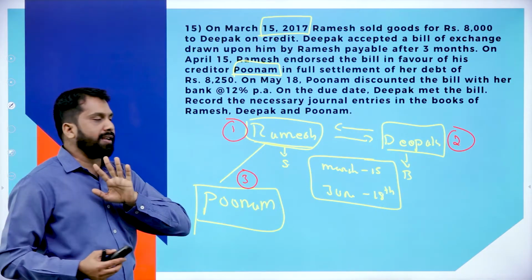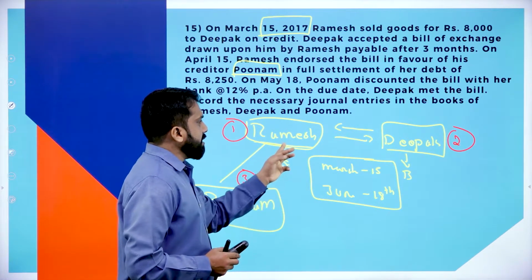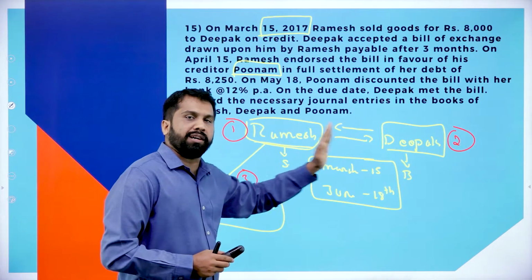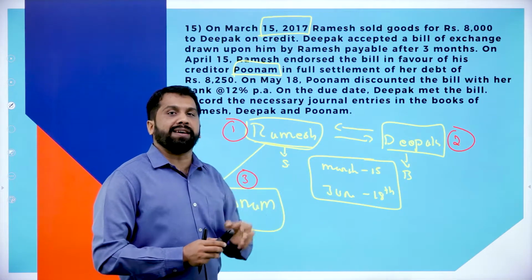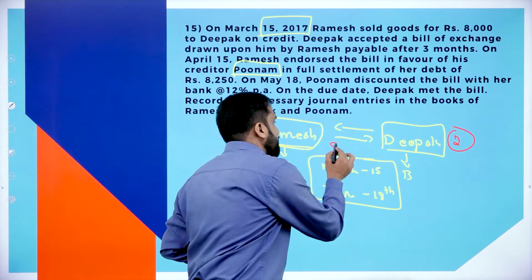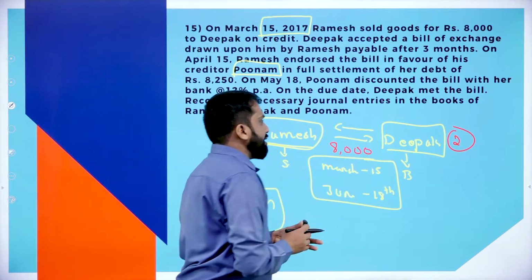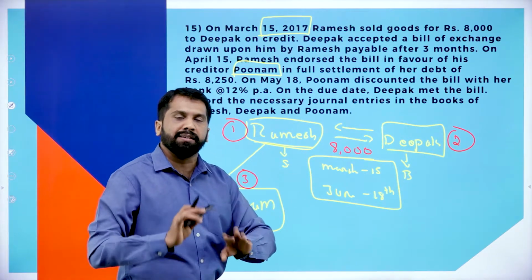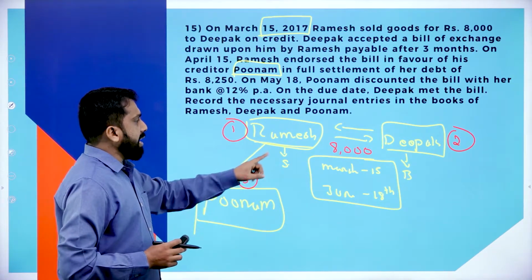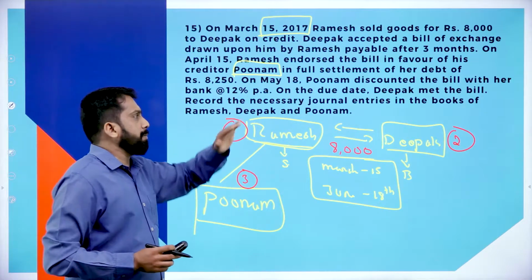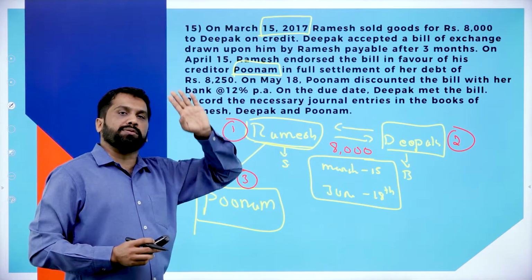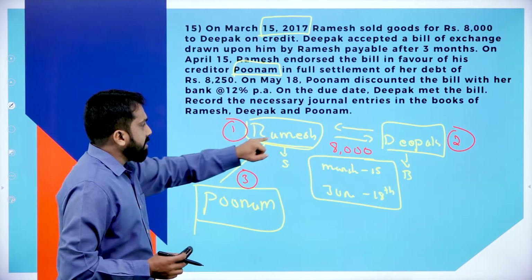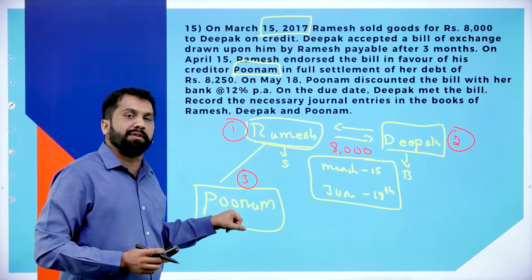You will understand. First, there is a transaction between Ramesh and Deepak. What is the value? The value is 8,000. They sold goods and Deepak has to pay 8,000. Clear? Yes. Now, in an older transaction, maybe 2 or 3 months back, Ramesh had taken some goods from Poonam.